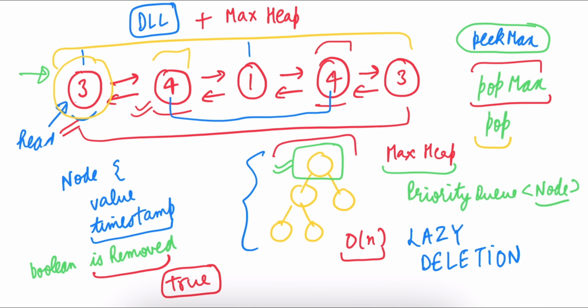If it has been marked as removed, then we are going to remove this node, and keep removing nodes till we find a node which has not been removed. When we reach a node which has not been removed, that is going to be our real maximum node. Similarly for our popMax call, we are going to do the same thing, and once we reach the maximum node, we are going to get the reference of that node and we can remove it from our doubly linked list, and we will be done.